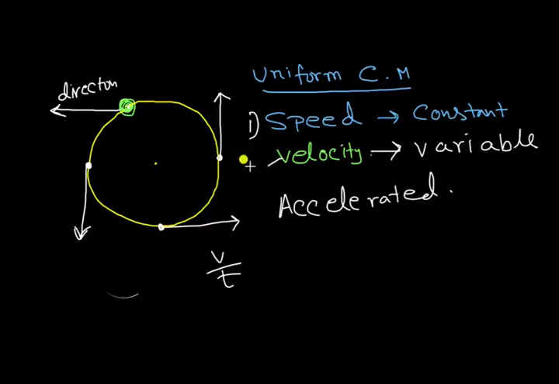These are the key points in uniform circular motion that we have to remember. Speed is constant, velocity is path dependent and direction dependent, so that's why velocity is variable. As the velocity is variable, the motion is accelerated. These are the three basic points in uniform circular motion.